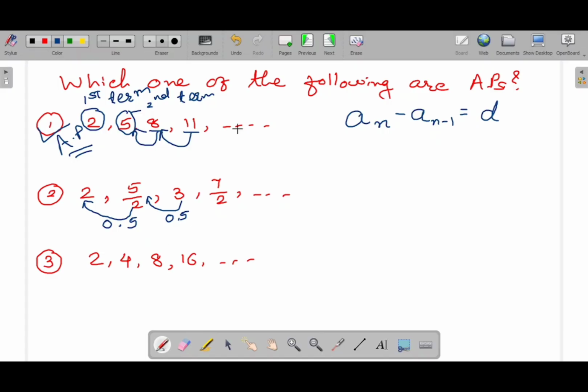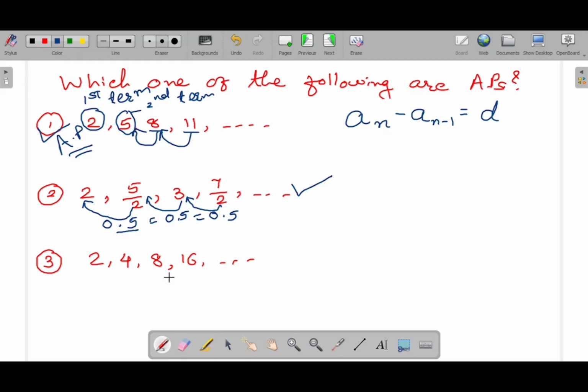It's your choice. Similarly, if I subtract 3 from 7 by 2, again I'm getting 0.5. So you can see all these differences are the same. So it is called arithmetic progression. Yes, this second example is also an arithmetic progression.